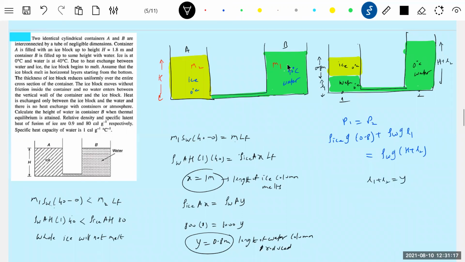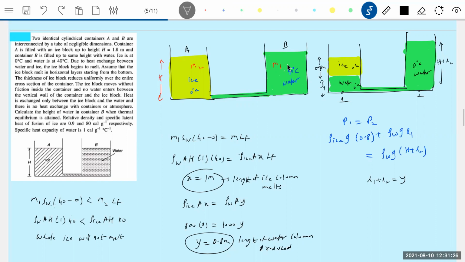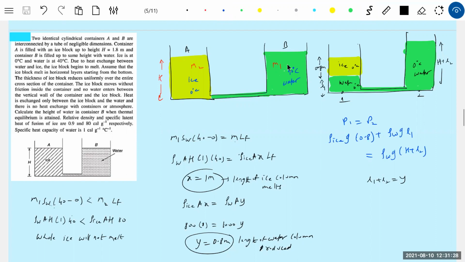It should be equal to Y, no? Two equations I'll get. Solving this I'll get L1 plus L2, one value. Here L1 plus L2 should be equal to Y, or AL1 plus AL2 should be equal to AY. Solving this we'll get expressions for L1 and L2. Then H plus L2 is our answer.